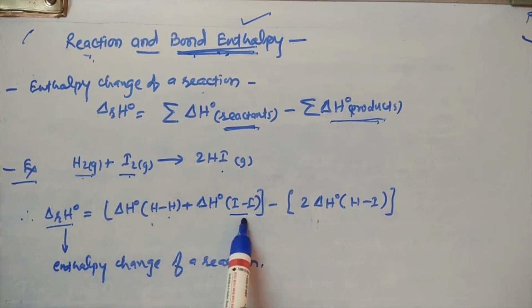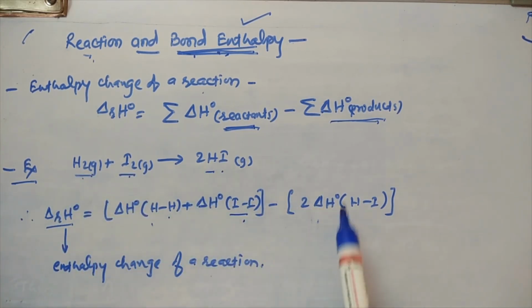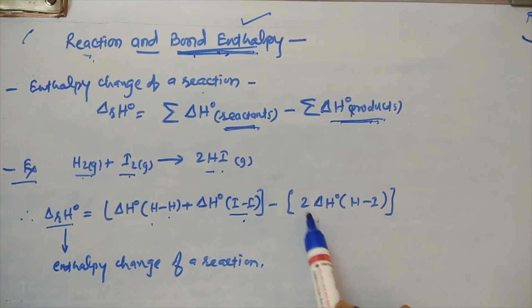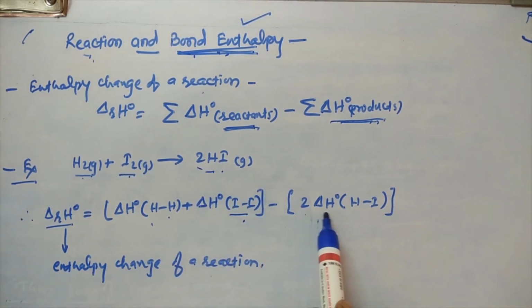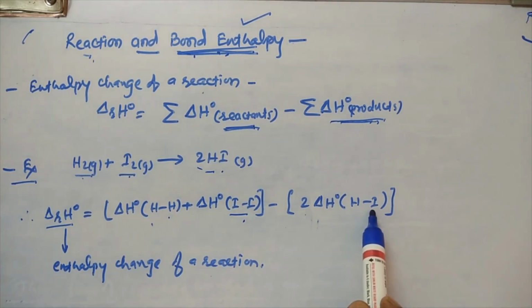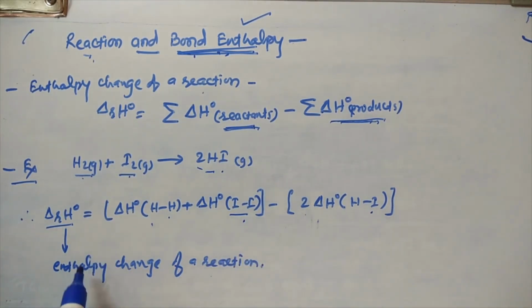These are the two reactants, and this is the product: bond enthalpies of the product. So with the coefficient 2 for moles of HI, twice the bond enthalpy of the HI bond. So this is the enthalpy change of a chemical reaction in terms of bond enthalpy.